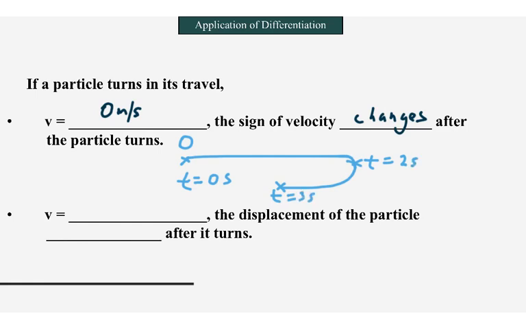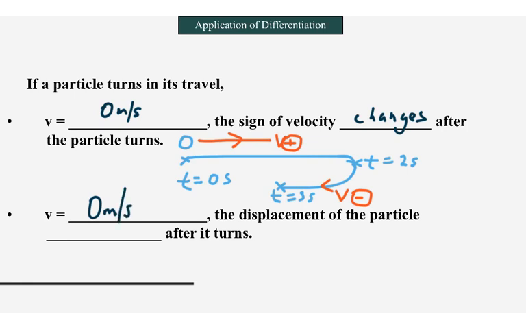So if the particle is moving this way, velocity is equivalent to a positive value. When it turns, it tells us a different direction, and the velocity will become negative. Hence, this shows that the sign of the velocity changes after the particle turns. Another case is that the velocity must be equivalent to 0 when it turns.